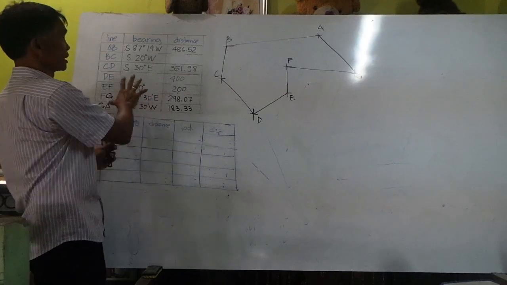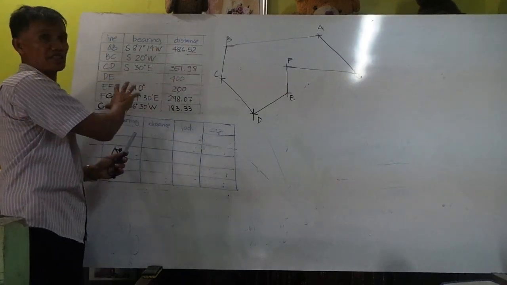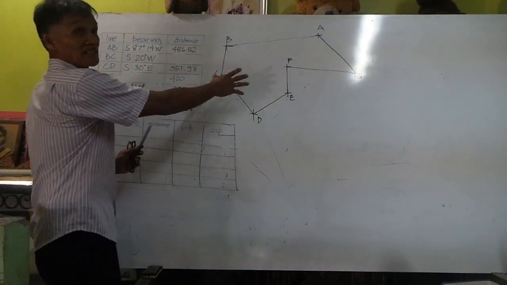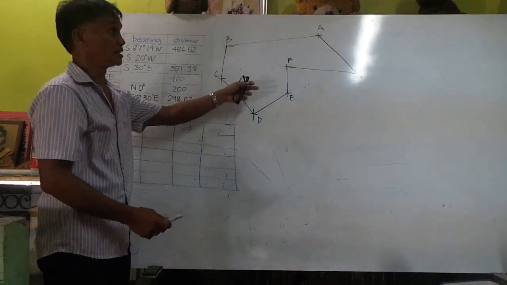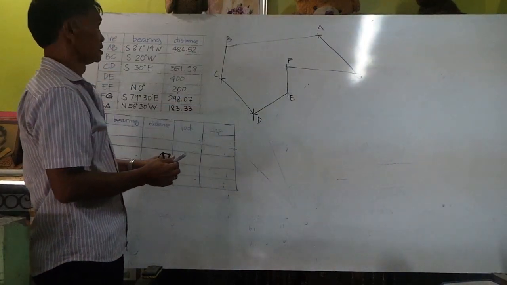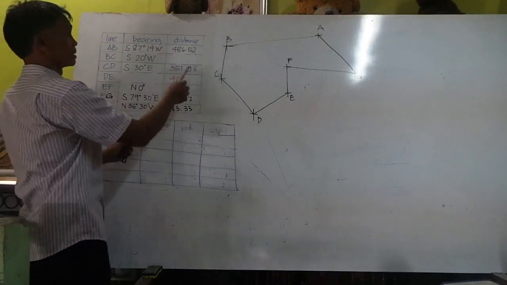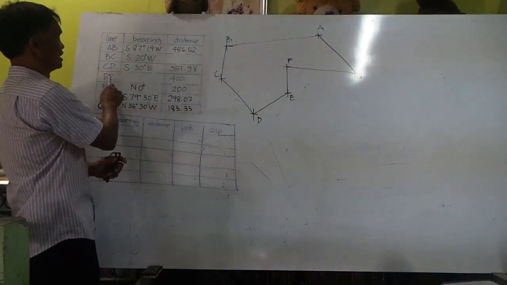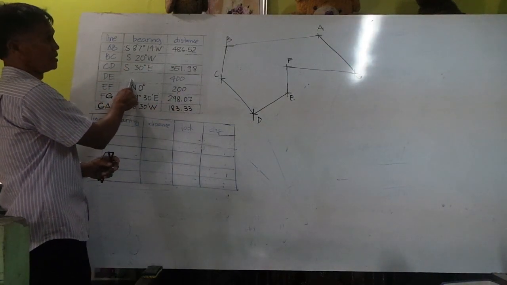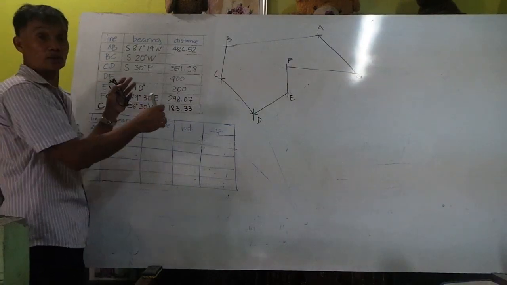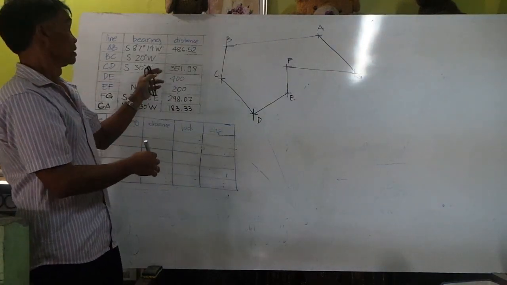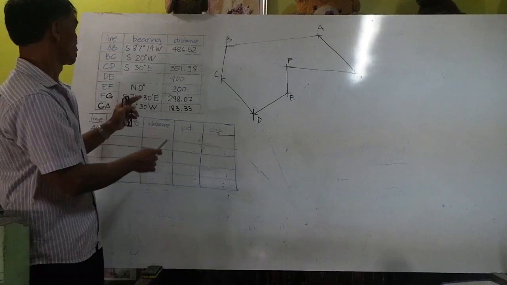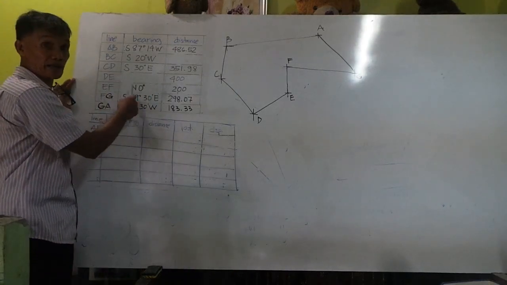So, if you try to sketch this one, take note that in DE there is no bearing. It is difficult to sketch if there is no bearing, so you just use the back bearing.